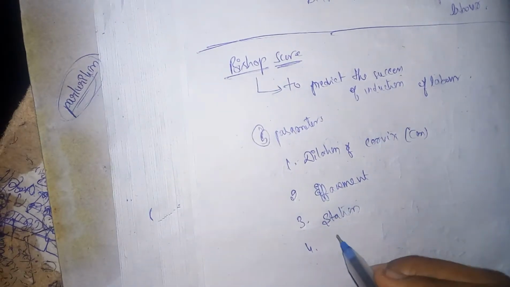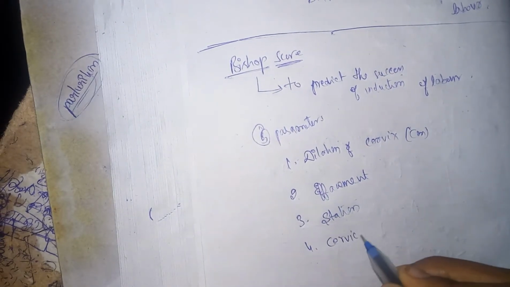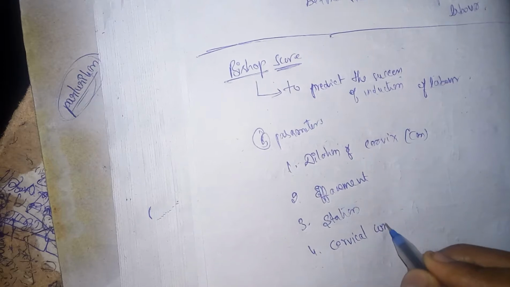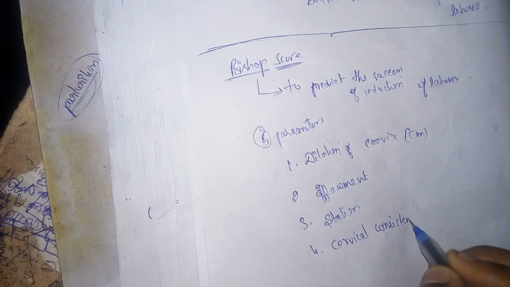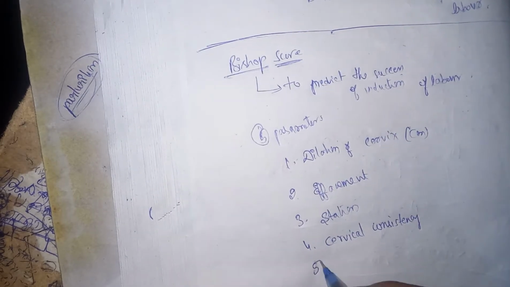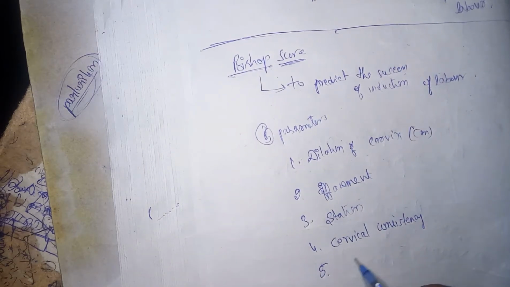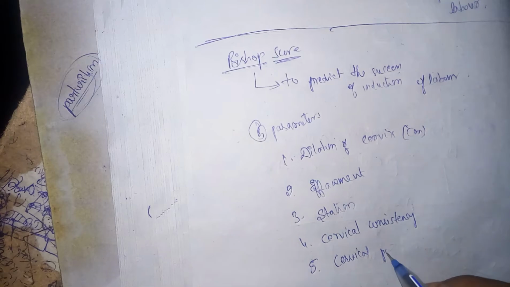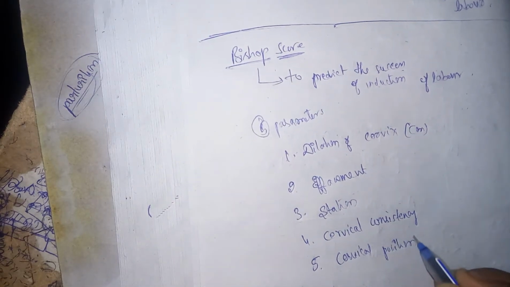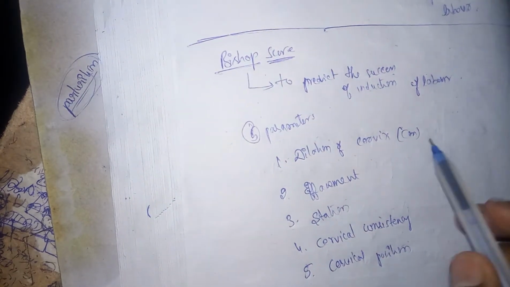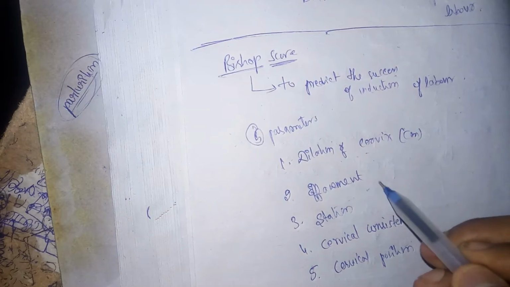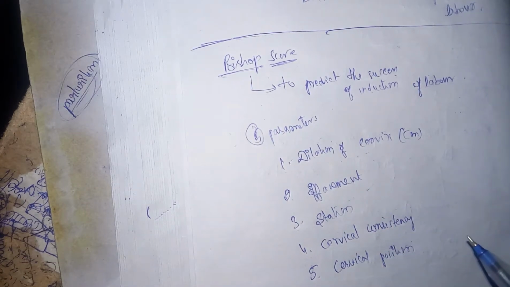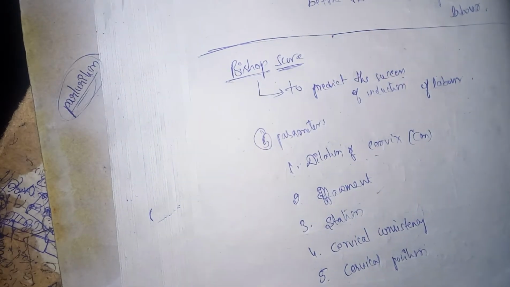Fourth one is cervical consistency. Fifth one is cervical position. Okay, there are 5 parameters. They are dilation of cervix, effacement, station, cervical consistency, and cervical position.